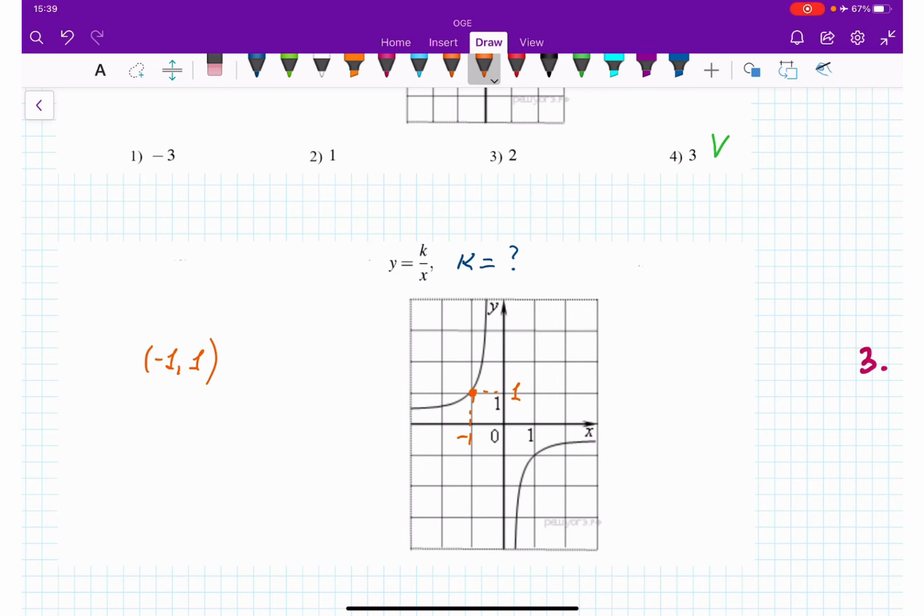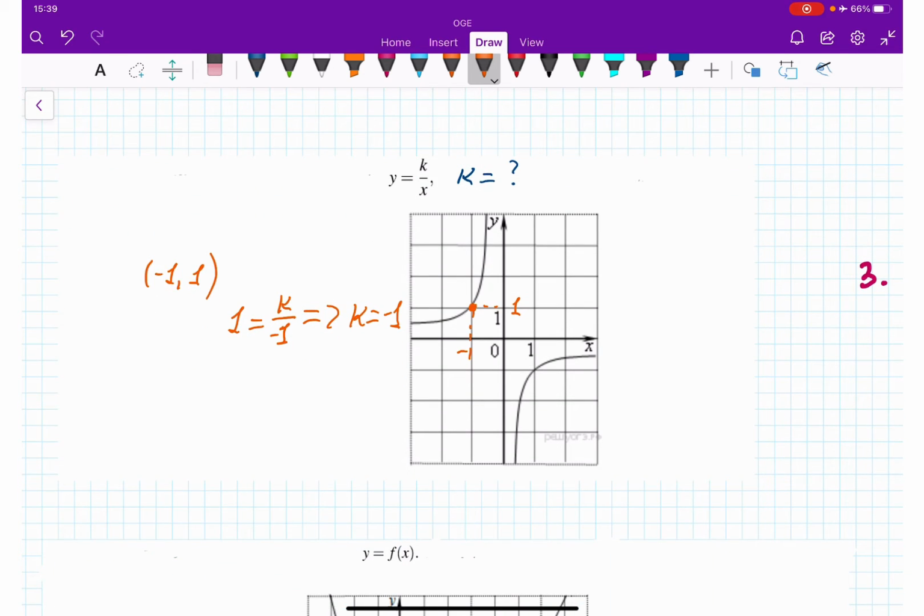So plugging in y and x, 1 is equal to k over -1, right? So from here, k is equal to -1. Pretty straightforward. It seems from the beginning when you are looking, it's very confusing. There is no information, nothing else. How to find it? See how easy we found it.